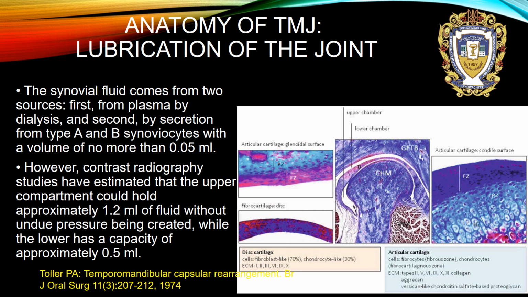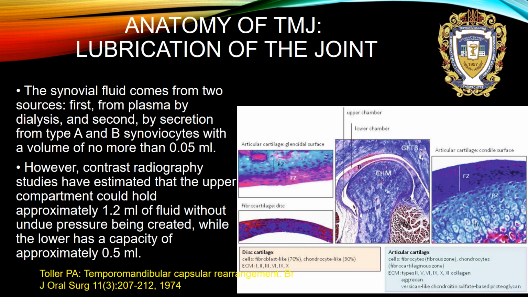A very important function of the TMJ is lubrication of the joint. The synovial fluid comes from two sources. First, from plasma by dialysis, and second, by secretion from type A and B synovicytes, with a volume of no more than 0.05 milliliters.